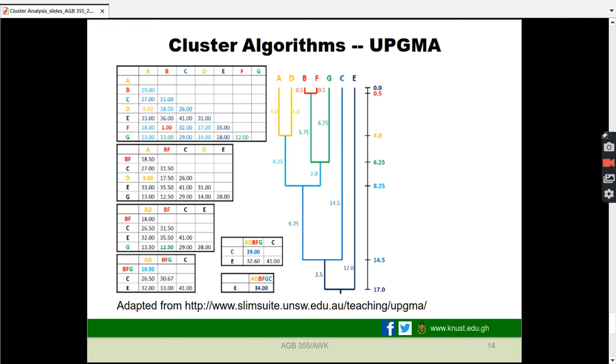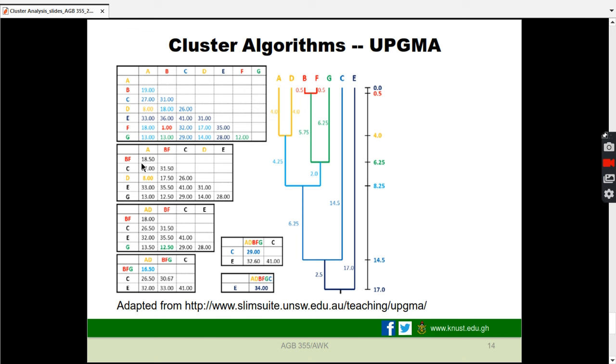After we have done that, we have to reorganize our table to have our BF. On the vertical we would have B, F, C, D, E, and G, and on the horizontal we would have A, B, F, C, D, and E.